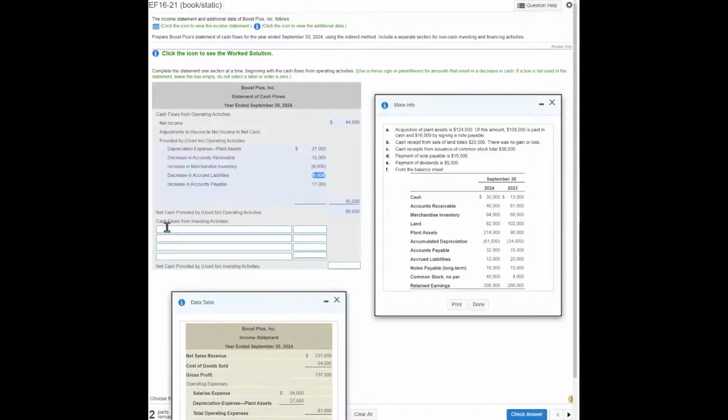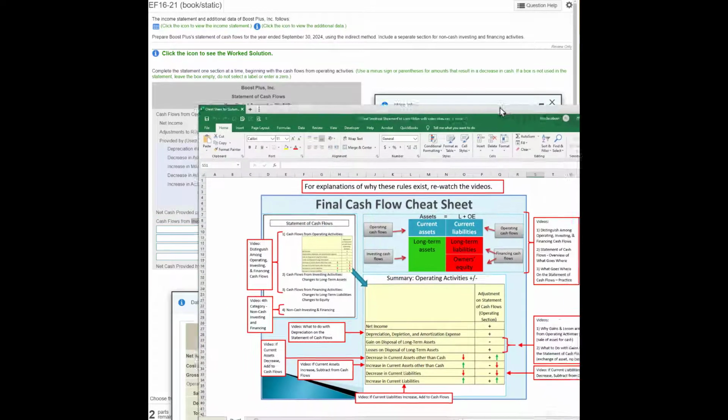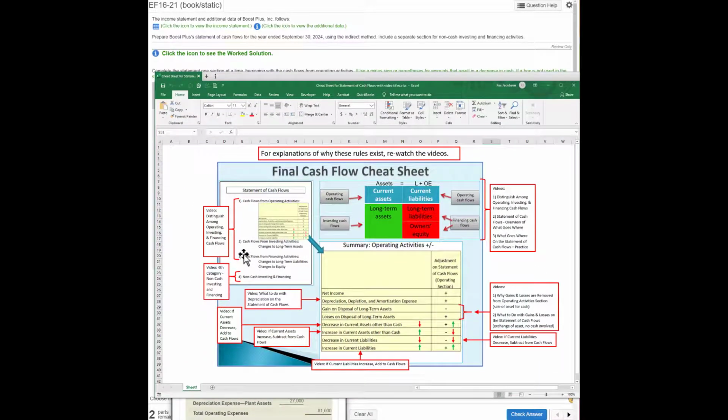So now we're going on to cash flows from investing activities. So what goes in the investing activities section? Changes to long-term assets, but again, only if they involved cash. Because remember, this is the statement of cash flows.